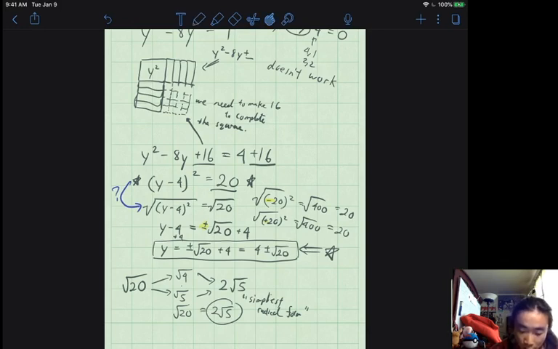Because if you're trying to undo this squaring right here, if you only took the square root of one side, then you would change your whole equation. It's like why we add 4 to both sides to undo this subtraction of 4, or adding or dividing. We must do this square rooting on both sides. It's an operation, just like adding and subtracting.